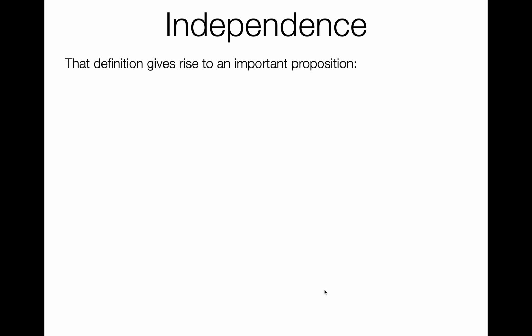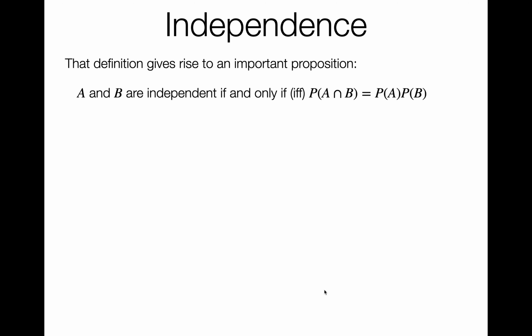Furthermore, the definition of independence gives us an important proposition, which comes from the general multiplication rule that we saw before. This proposition is: A and B are independent if and only if something happens.